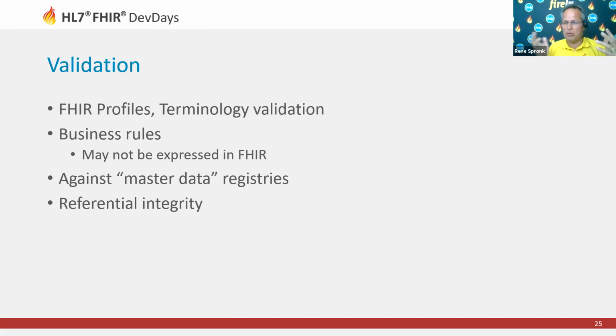So you have to use some other means basically of validating them. Validation against master data registries. So if you say you have to comply with US Core, then obviously you can also validate not just the structure, but the content against a master data registry. And some FHIR servers already do this. Referential integrity: if there are references in the data, then obviously the references have to work. Otherwise it's crappy and we'll have to do something.